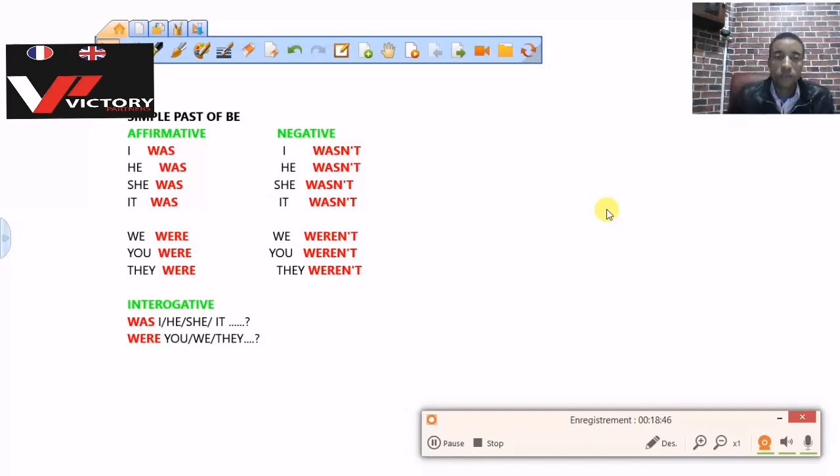Okay, so after finishing this exercise about how to tell the date and to talk about birthdays, we pass to the simple past of be, and I think that it's very easy to use this verb.